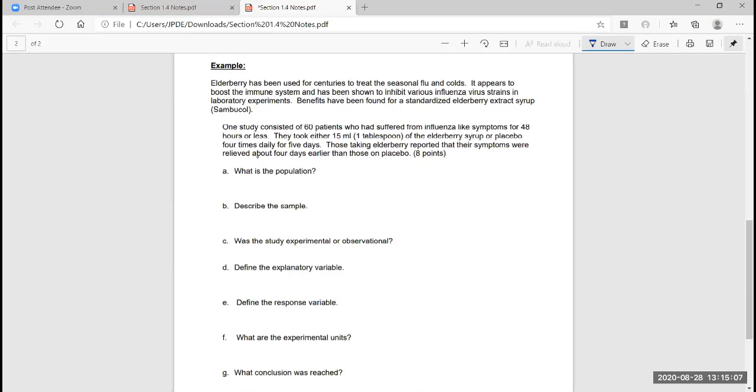So some of them are getting the elderberry syrup, and some of them are getting some kind of sugar water, basically something that has no active ingredient. So they think they're taking something, but it's really not doing anything. Those taking the elderberry reported that their symptoms were relieved about 4 days earlier than those on the placebo.